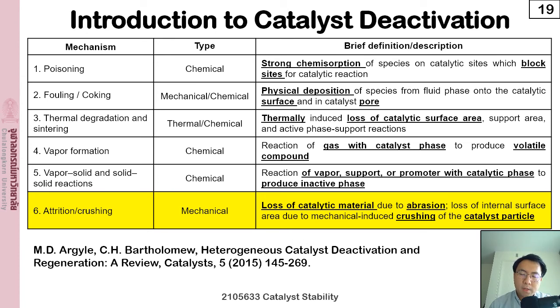Since the loss of the number of active sites will reflect totally on the total conversion, since the conversion of the reactant to products is the activity of one active site times the number of the active sites you have in the system. So if you lose the number of active sites, you lose total conversion, and you can convert less of the reactant to the products.